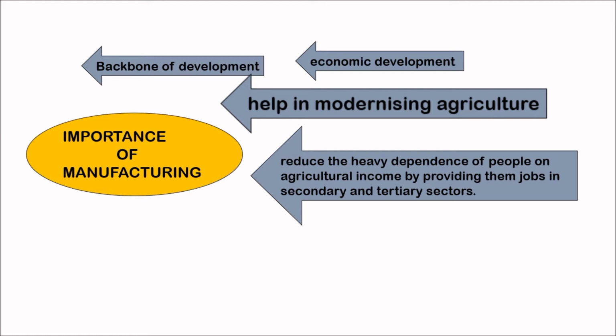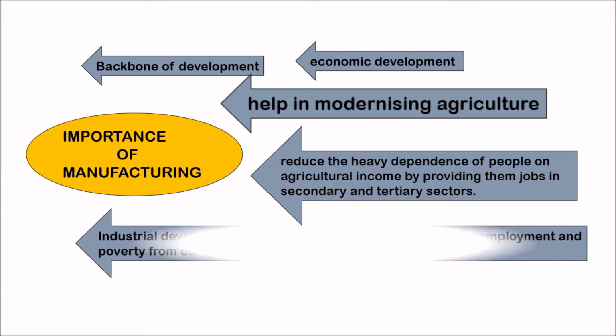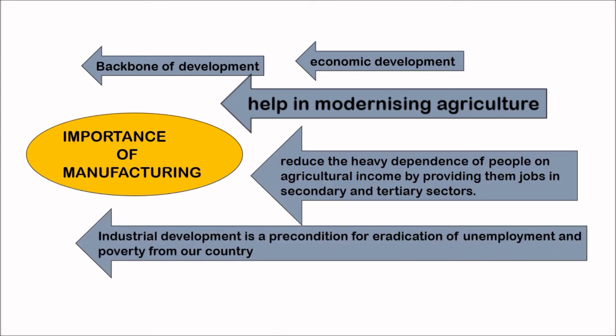And the next point is, industrial development is a precondition, a prerequisite for eradication of unemployment and poverty from our country. For any country, if you need to eradicate unemployment and poverty, which are interlinked, we need to have industrial development in place.